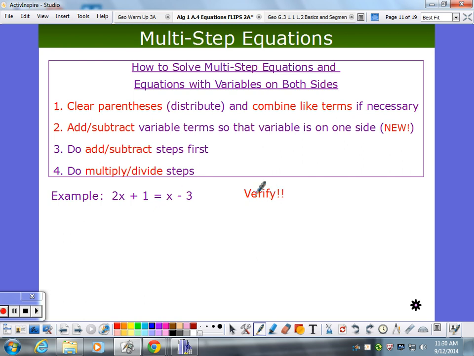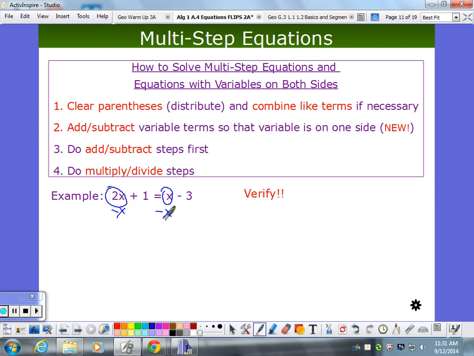Alrighty, so he just told you how to do it. So what'd he say? He's saying, here's an x, here's an x. I'm going to use the subtraction property of equality to subtract an x from both sides.